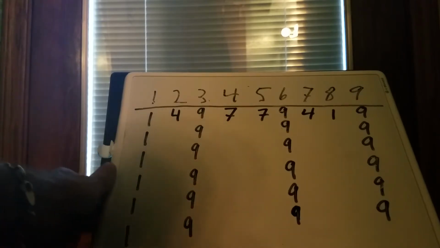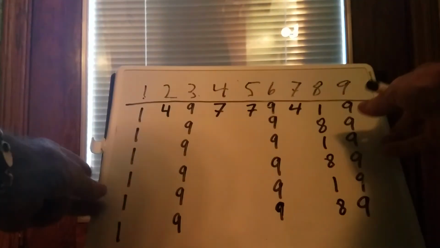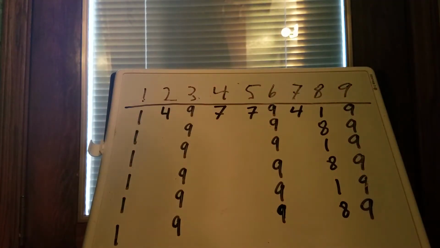Well, the easiest code is the one under 8. It's not hard at all to remember 181818. Right? Okay.